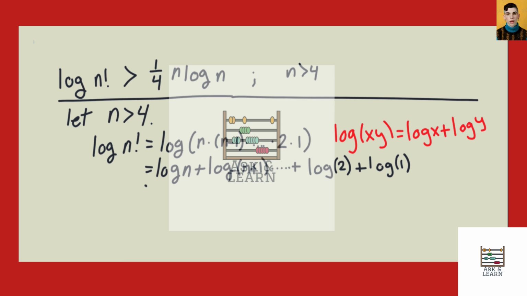All right, well, this must be greater than or equal to the larger half of the list. So that's going to be log of n plus log of n minus 1, and half the list would be, I guess, n over 2 terms.